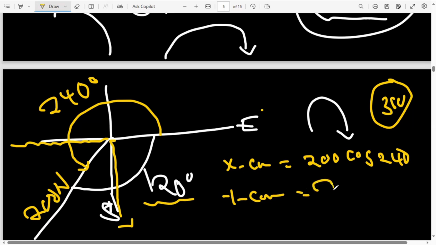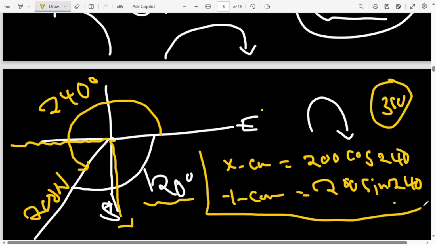The y component will just be 200 sine 240. Okay, so we have resolved all the four vectors that we were given. It means we are ready to find the what? The resultant.